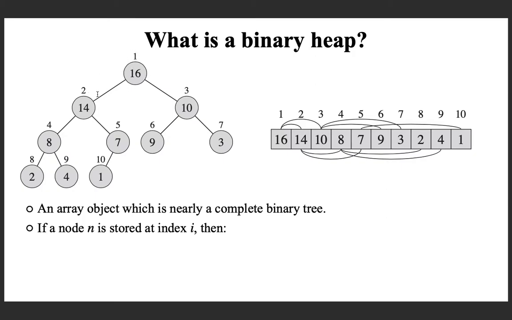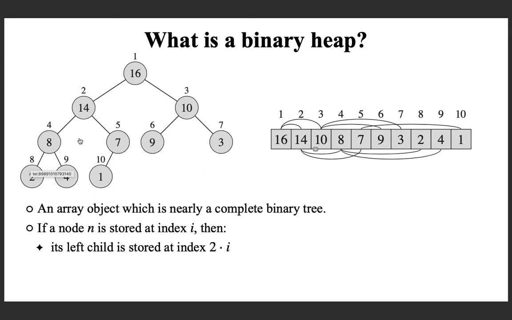If the node is stored at index i, then its left child is stored at index 2i: 2 into 2, here 1 into 2, here 3 into 2, here 5 into 2, here 4 into 2.